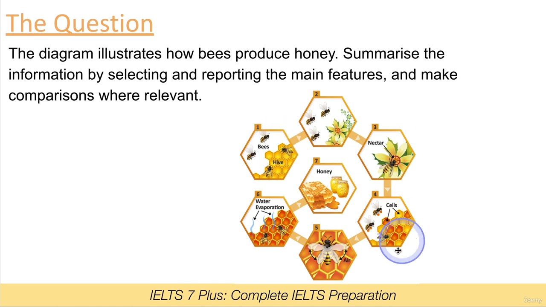Starts with the bees in the hive and it ends with honey. Is it cyclical, as in does it continue over and over again, or is it linear? This is a cyclical process. It continuously happens. And are any materials added? Well, it doesn't look like there's any materials. So these are the types of questions that you can ask yourself when you're looking at the process.